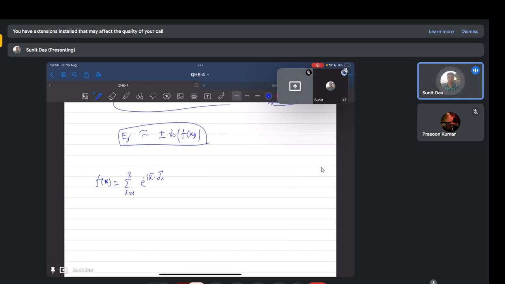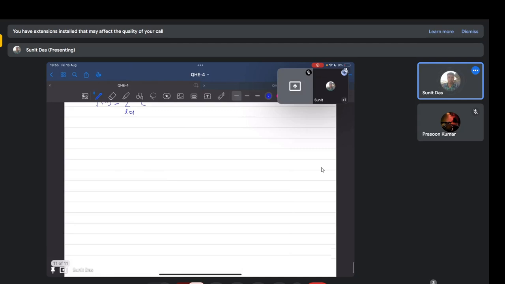To determine delta l, we need to take some example, in some units, let's say in Cartesian coordinates. So let me draw it again.